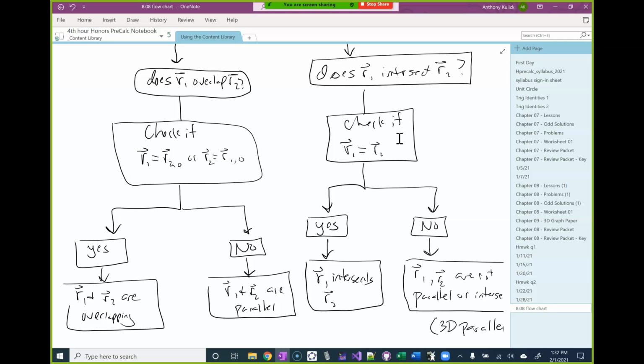If the answer is yes, then we can say that they intersect, and we can use that value of s or t to find the point of intersection. If not, then they're this new situation where they're non-intersecting and non-parallel. I think in the lessons we called that 3D parallel. That's the only place I've heard that term used, but that's the idea.